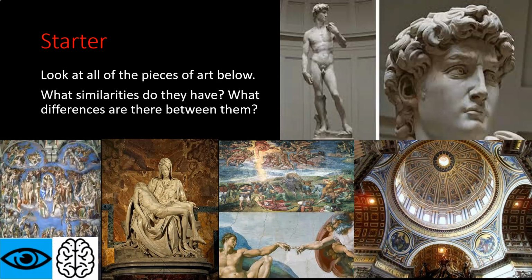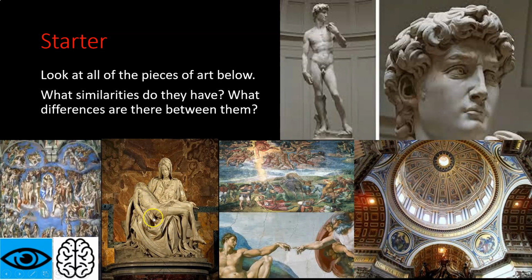Okay, so you will have noticed here that there's a great level of realism between all these pieces of art. Now, I know some of them aren't that clear to see in the pictures, but if we look at the statues, the statue down at the bottom of Mary holding Jesus, we can notice the face of Mary, which we can see in quite a lot of detail here, is very, very beautiful, very realistic.